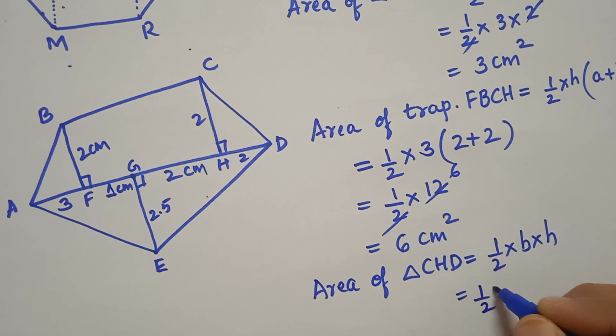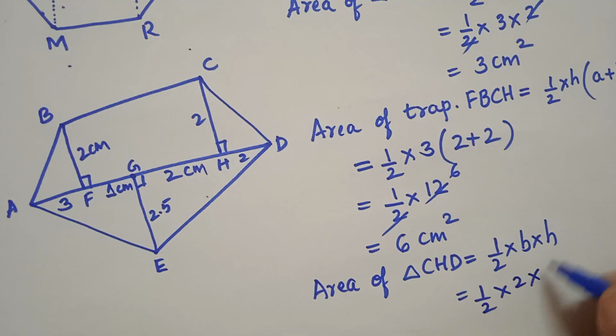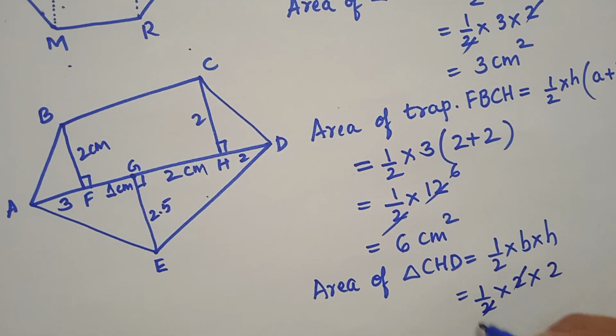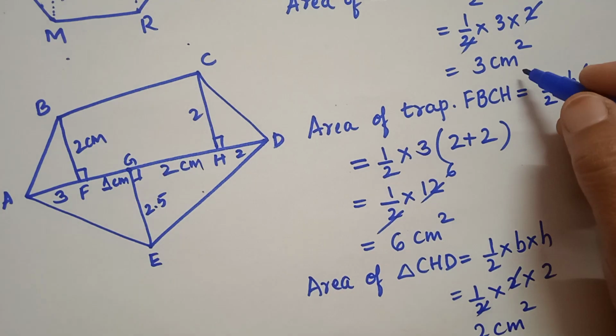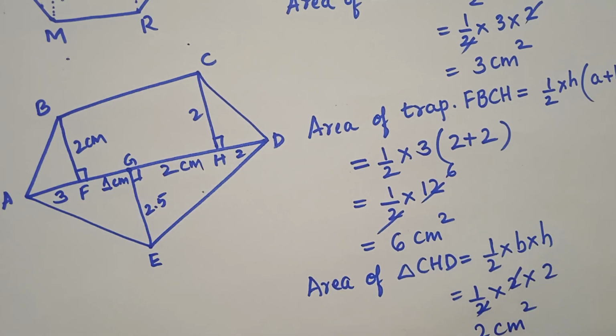Half into base is what? 2. Into height is what? 2. 1 2 gets cancelled. Again it is 2 centimeter square. So area of triangle AFB is 3 centimeter square. Area of trapezium is 6 centimeter square. Area of triangle CHD is 2 centimeter square.